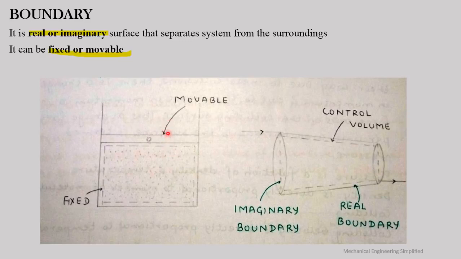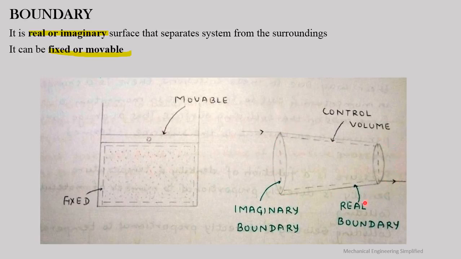When the piston moves up or down, the boundary close to the piston will also move up and down. So this is basically a movable boundary, whereas the boundaries near the cylinder are fixed boundaries.